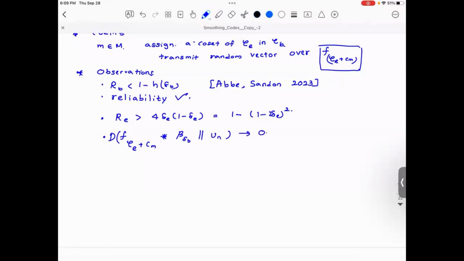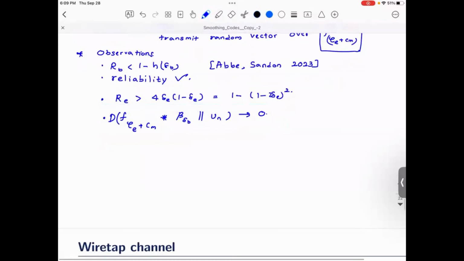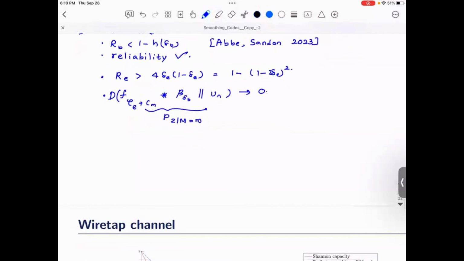So if you take the limit, this goes to 0. What we have written is just the conditional probability distribution that Eve observes. Therefore we know that this goes to 0.